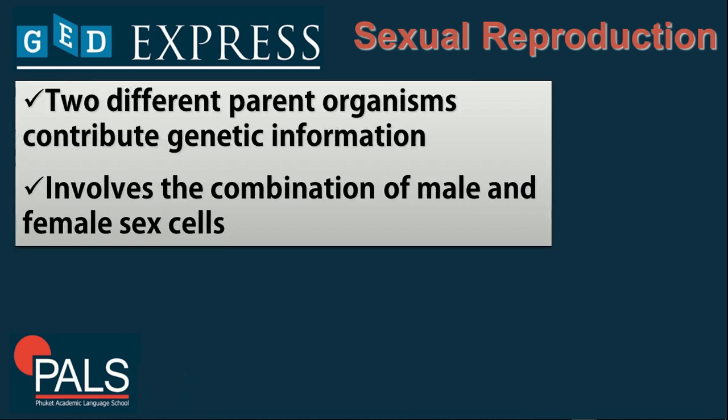We define that as two different parent organisms which contribute genetic information, and this involves the combination of male and female sex cells. So there is a sharing of gametes from the parents, which is the male gamete, a sperm cell, and a female gamete, an egg cell.